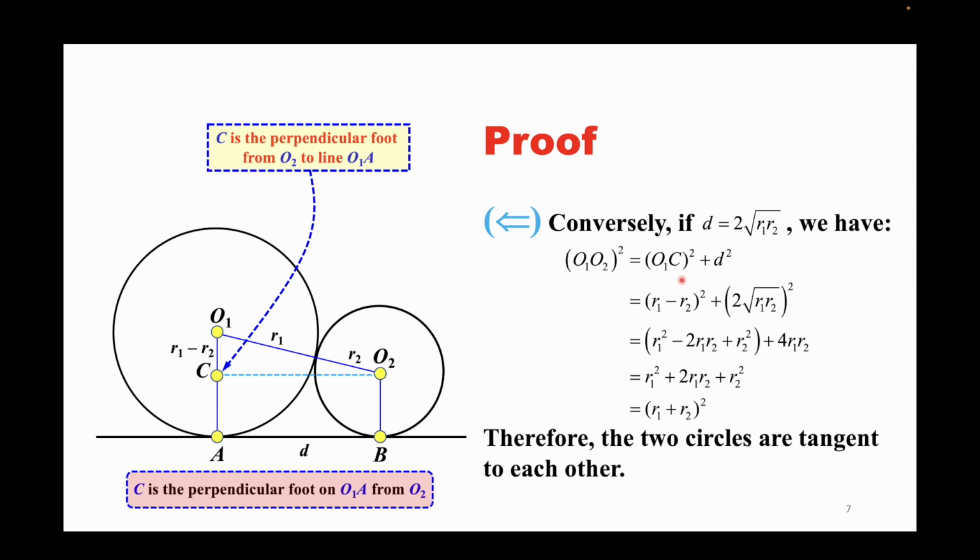Then O1C is R1 minus R2. D, by assumption, is this. Then expanding this and simplifying, eventually we reach that the distance between O1 and O2 is equal to R1 plus R2. Of course, this implies that these two circles are tangent to each other.